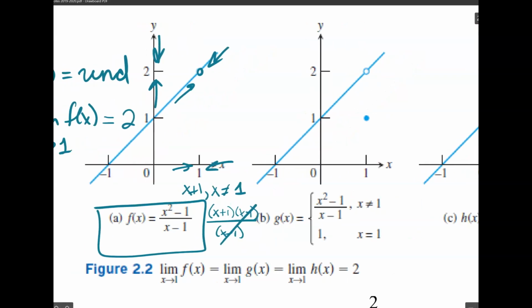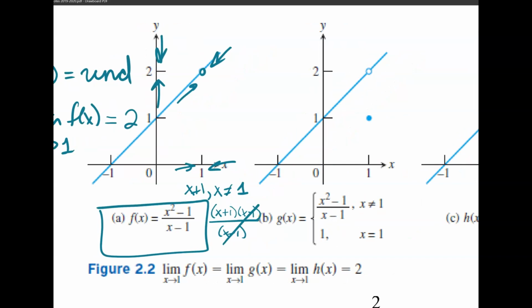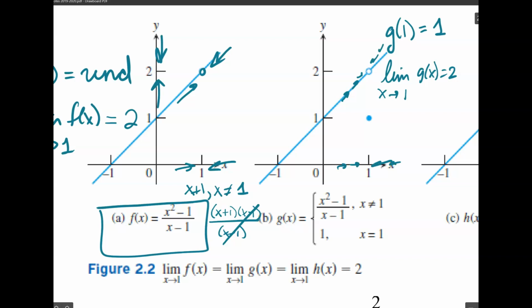So, let's look at the next one. g of x. Huh. It actually is defined. Look at this: g of 1 is equal to 1. Weird. But if I take the limit as x approaches 1 of g of x, it's equal to 2.